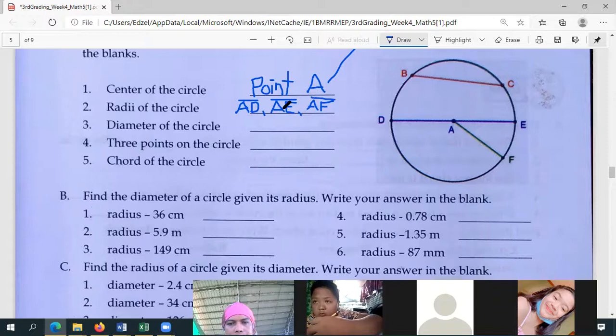Oh yeah, so we have 3 radius or radii, no? 3 radii. Radius AD is 1. Next is radius AF, then radius AE. So sir, BC is still not a radius. BC is not a radius, because the radius is only from the center, from the middle, to a point on the circle.